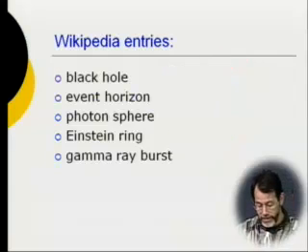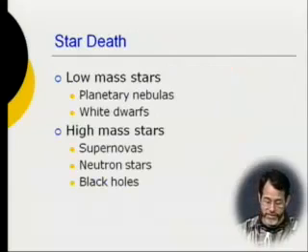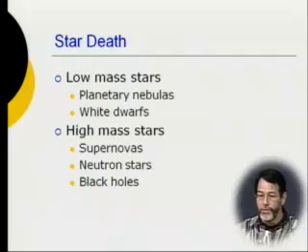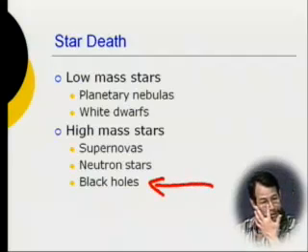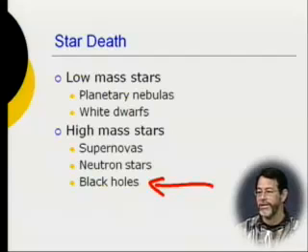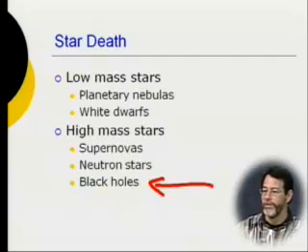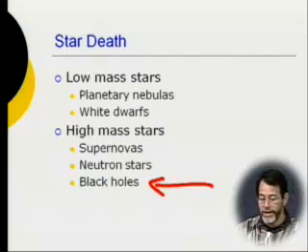So let's get to the cool stuff. Oh yes, star death. So how is it we have black holes? Well, one way is it's the end state of a very high mass star. Exactly how high the mass is, we're not sure. It might even be dependent on how much metals are in the star, metals meaning elements higher than helium.